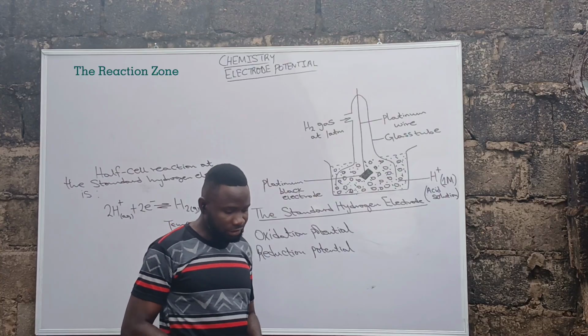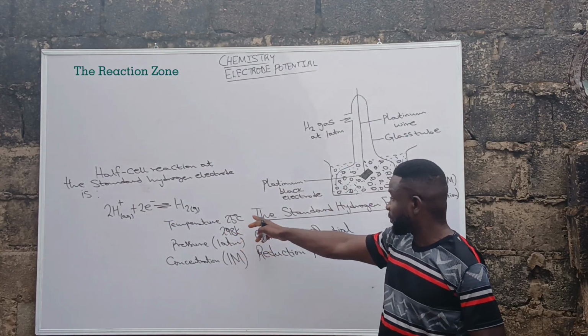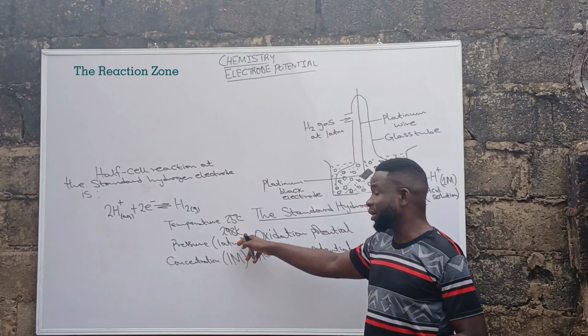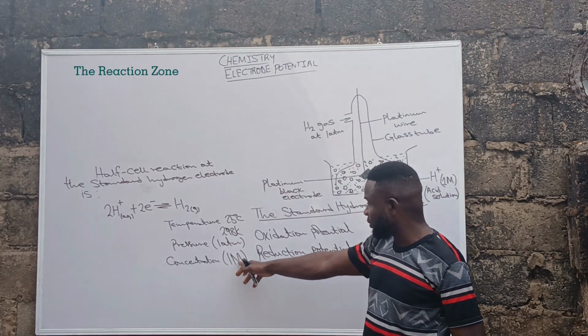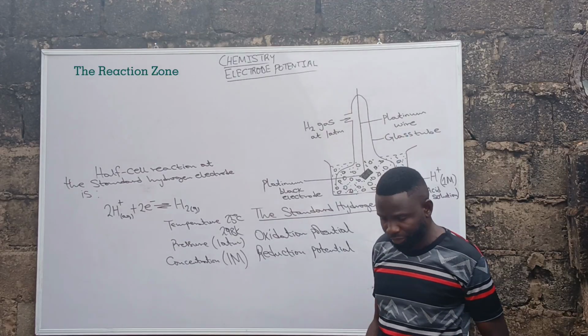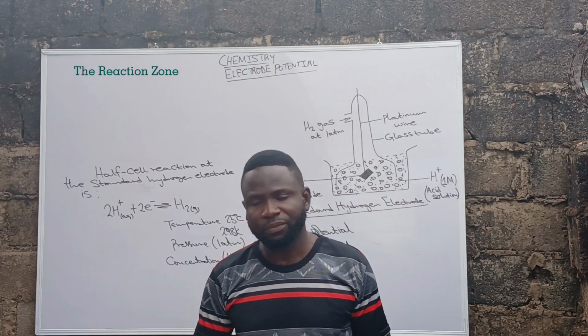So it means that the electrode potential under these conditions, a temperature of 25 degrees Celsius or 298 Kelvin, a pressure of 1 atmosphere, and a concentration of 1 mole per dm³, is standard electrode potential.